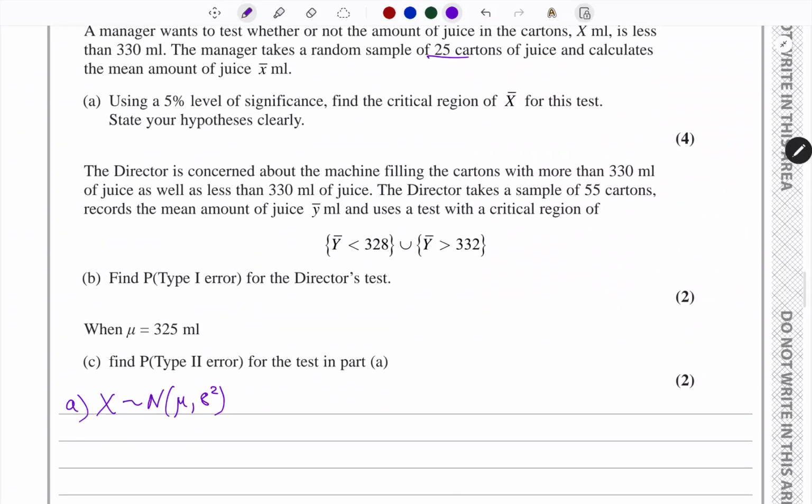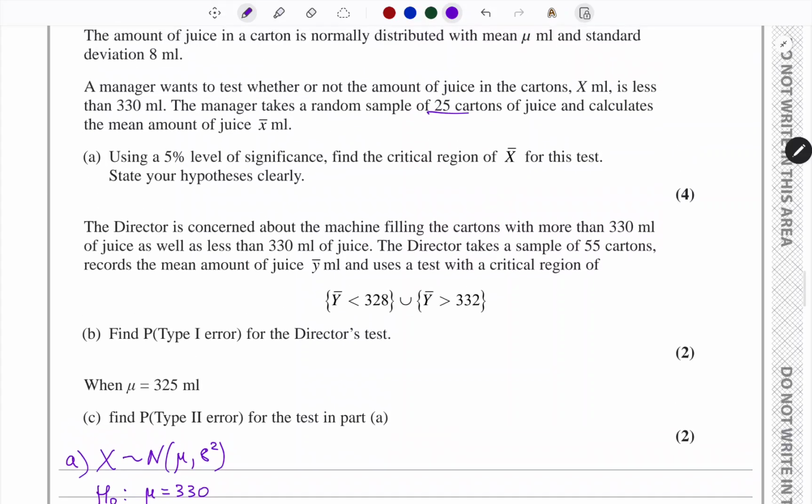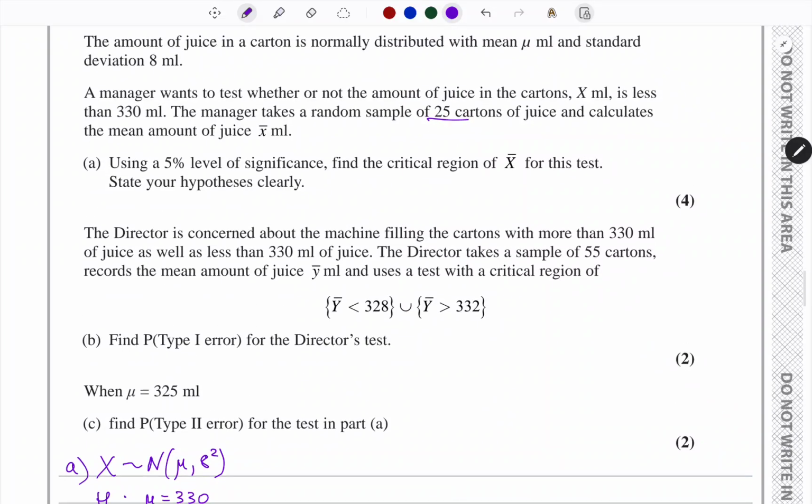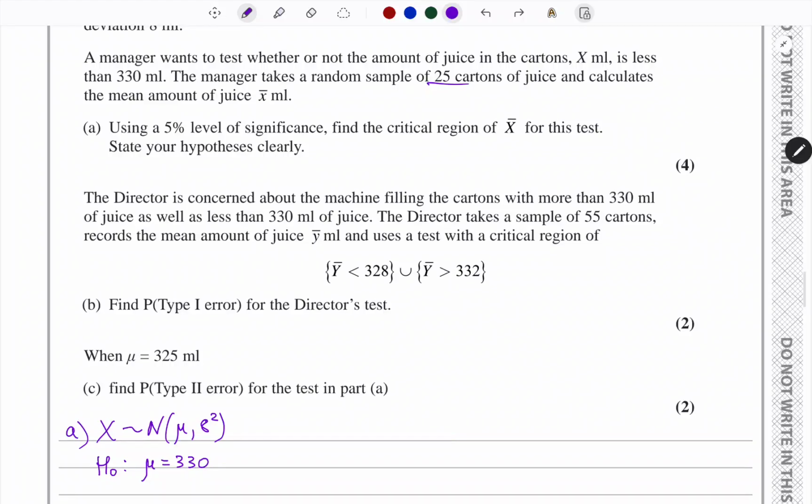Then I have to state the hypotheses. So H0, my null hypothesis, is that mu is equal to 330 milliliters. So we are questioning this hypothesis: is it 330 milliliters?